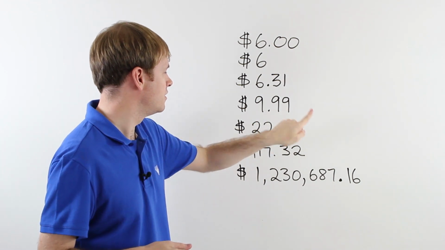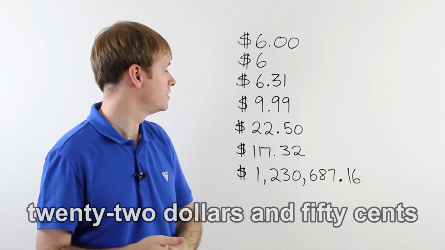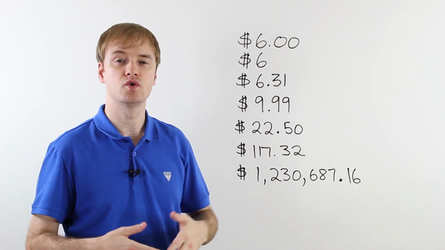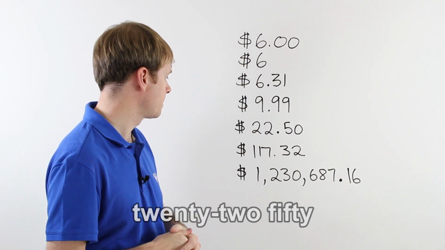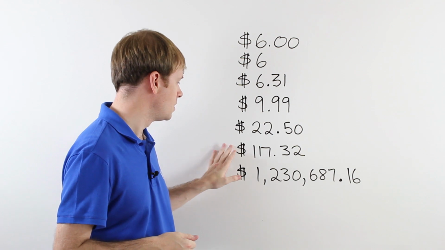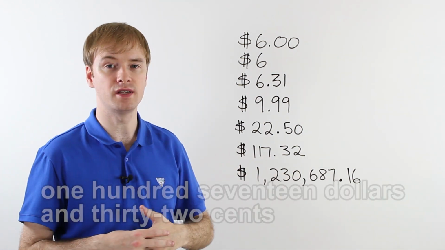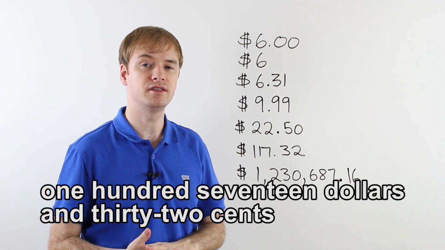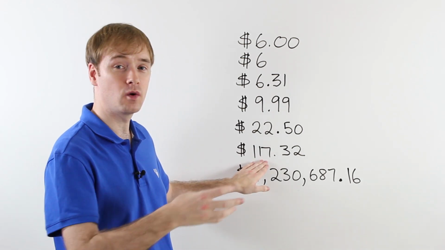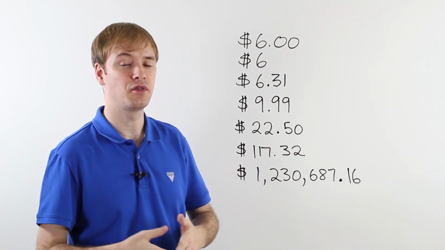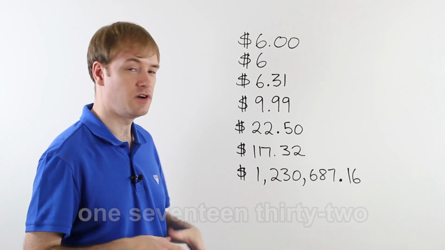$22.50. And the quick way, twenty-two fifty. All right, bigger number here. $117.32. Or the quick way, one seventeen thirty-two. All right, and the last amount, very big number.